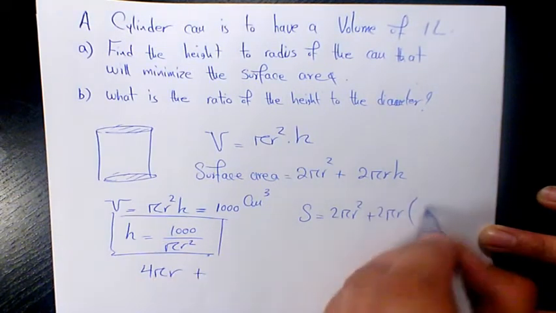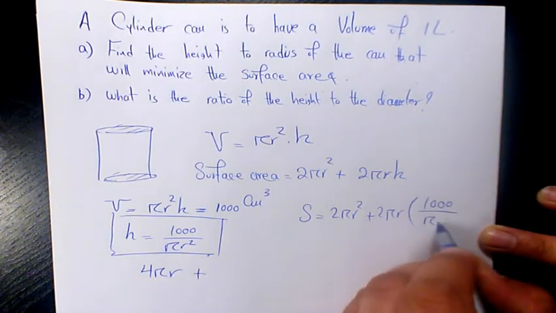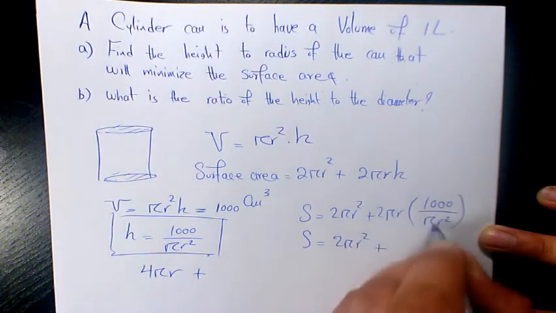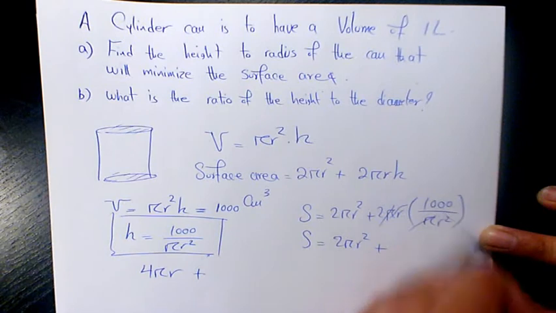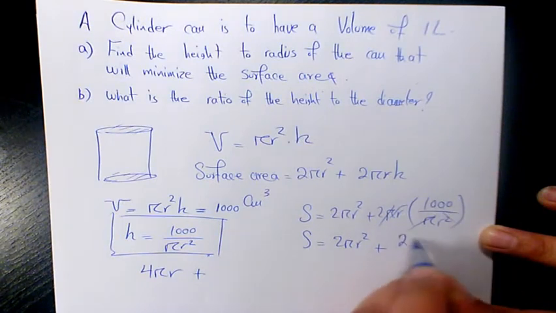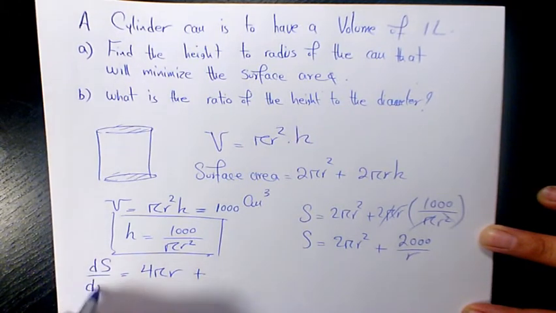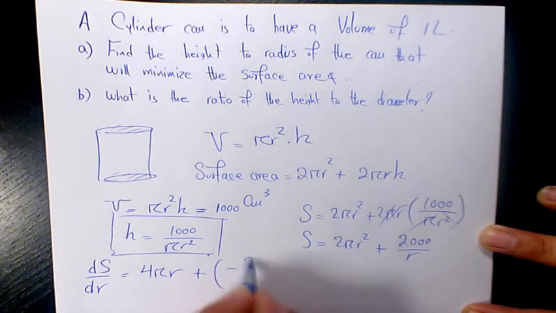Instead of h I can write 1000 over pi r squared, which will be 2 pi r squared plus 2 pi r times 1000 over pi r squared. The pi and pi cancel out, and one of the r's cancels out, giving 2000 over r. So it's going to be 4 pi r, that's the derivative of s with respect to r, minus 2000 over r squared equals 0.